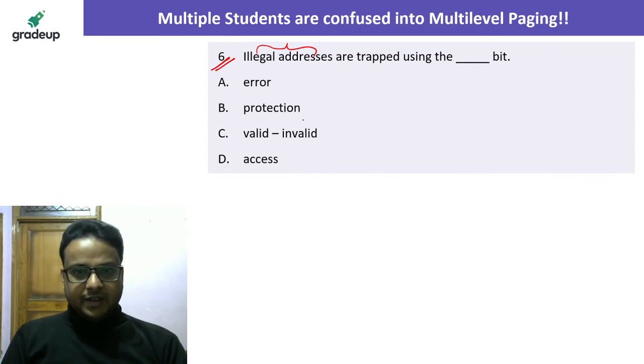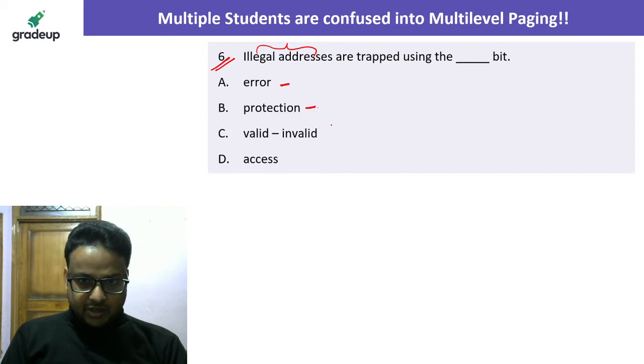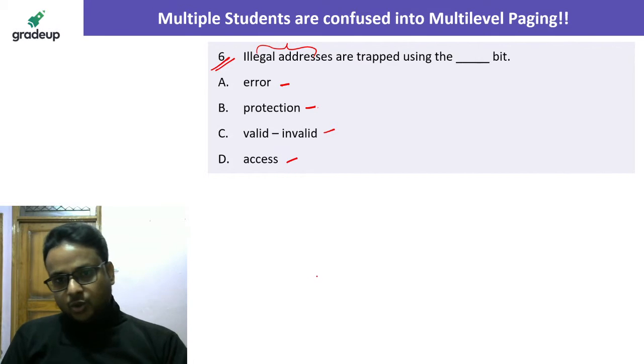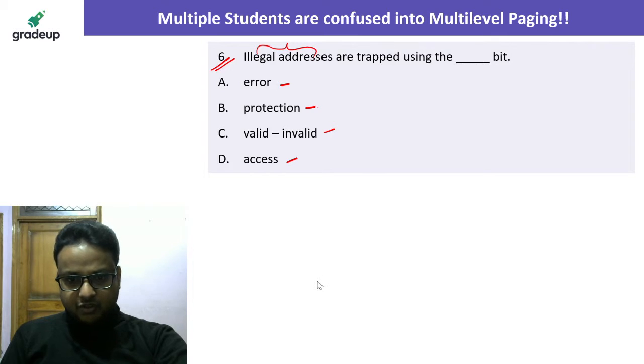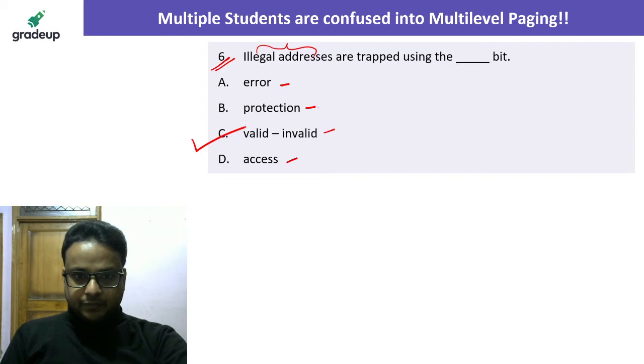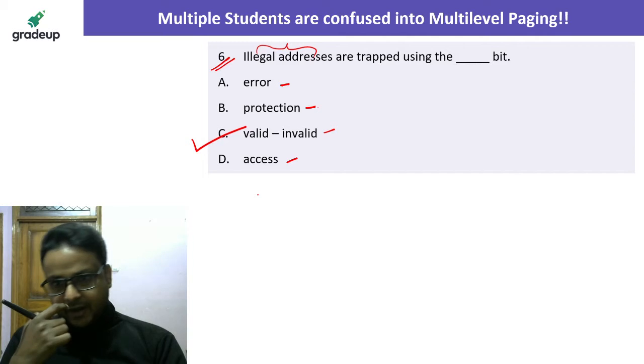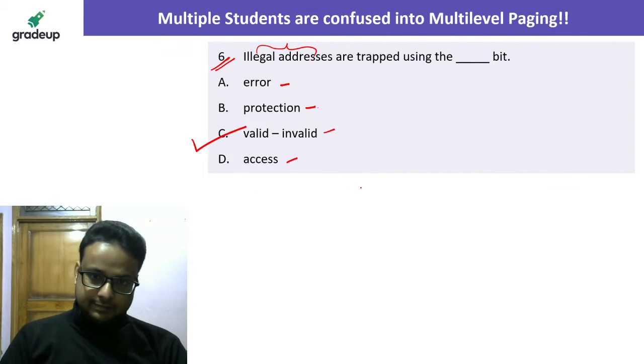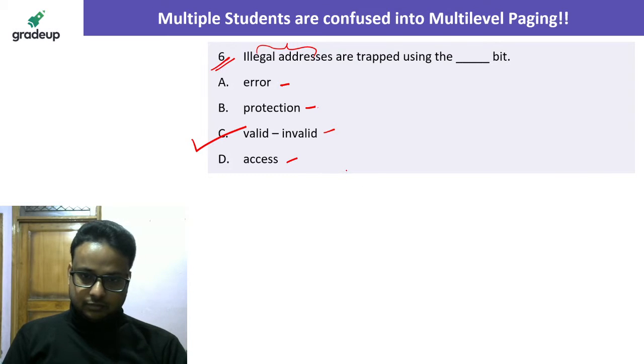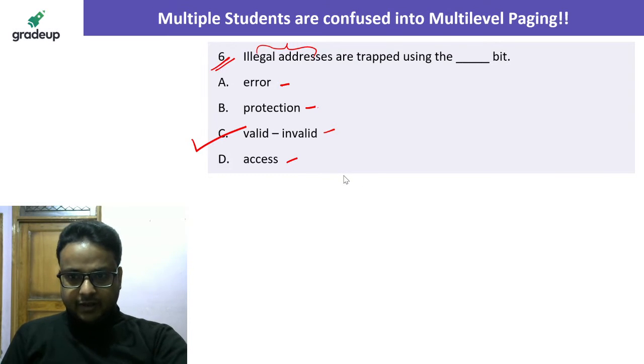And we can find this illegal address with the help of the valid invalid bit. So the answer of question number 6 would be option C, valid invalid bit. Illegal addresses are trapped using the valid invalid bit. Correct. If you have any doubt, please let me know.